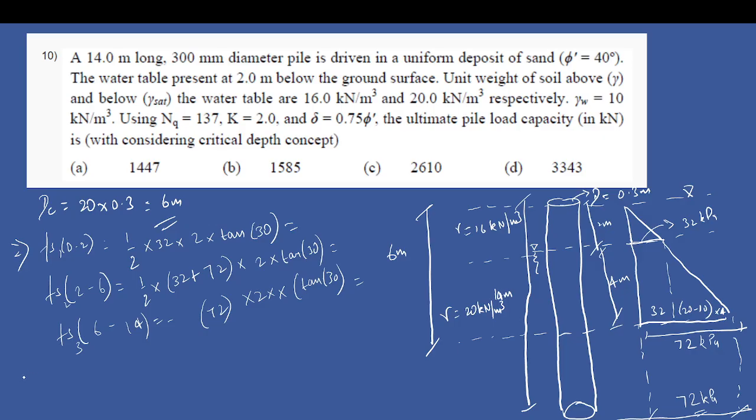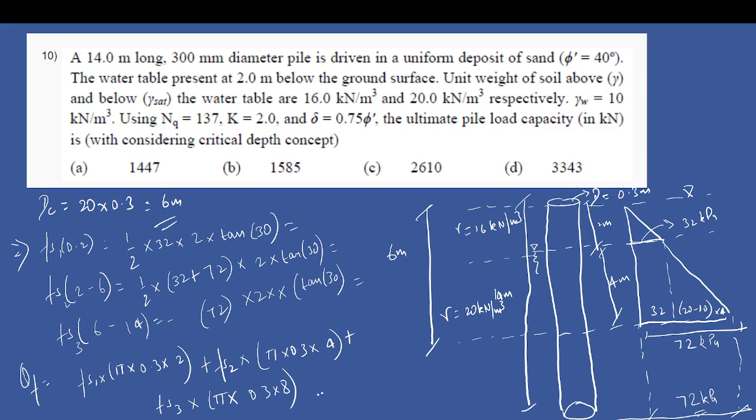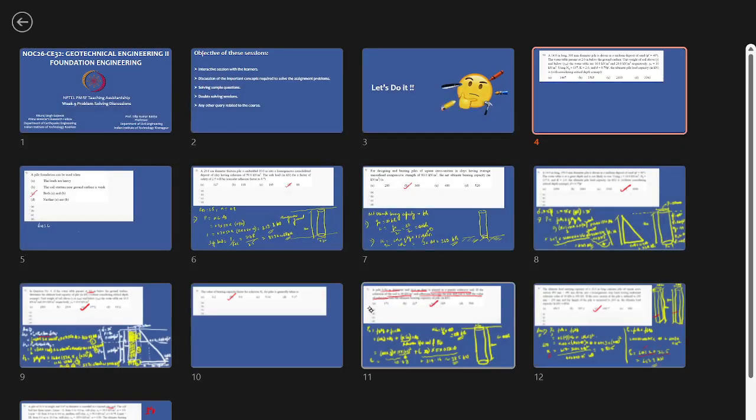Now to get the total friction force, this will be Fs1 into pi into d 0.3 into your 2 meter L. Then this is your Fs2, again into pi into 0.3 into your 4 meter, and Fs3 into pi into 0.3 into 8. Okay, so now just substitute this.